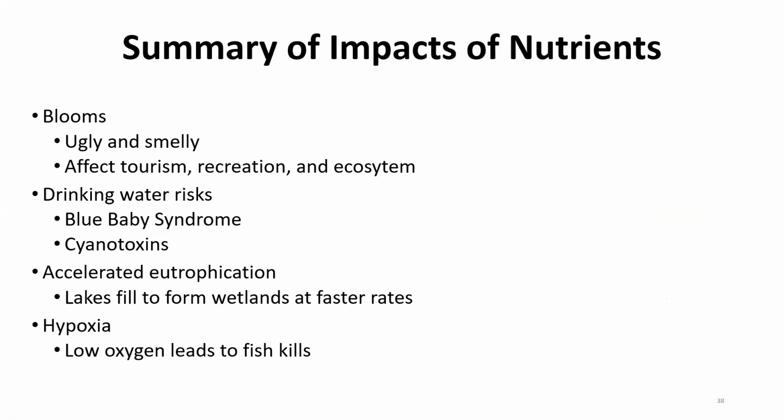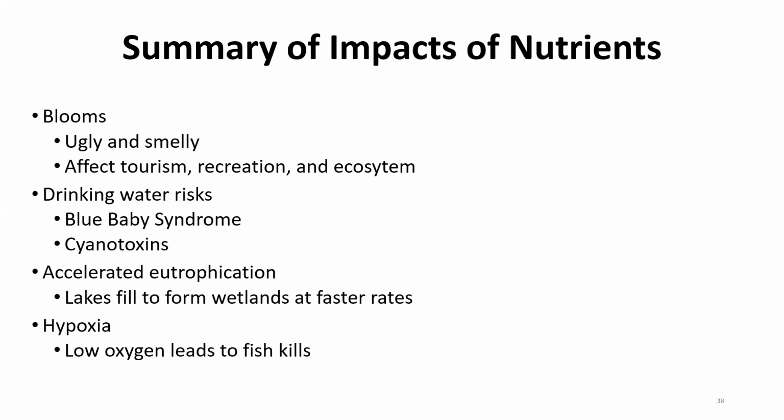So here's our general summary of the impacts of nutrients. Blooms are ugly and smelly. People don't like them. They affect tourism. They can also have an impact on your drinking water, right? Blue baby syndrome is where nitrogen binds to hemoglobin in the blood and causes asphyxiation, or the inability to breathe well, right? Cyanotoxins can have a lot of health impacts.